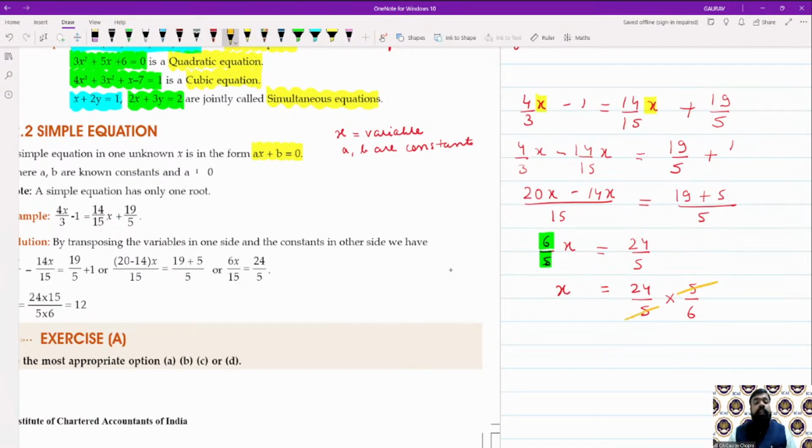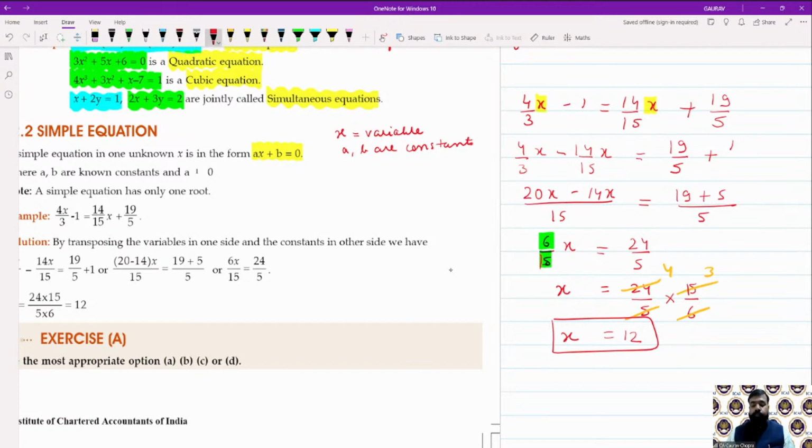So 5 and 5 will get cancelled. 6 can be cancelled with 24, and 3 will be left. So what we are getting finally? 4 into 3, that is 12. The value of x is equal to 12.